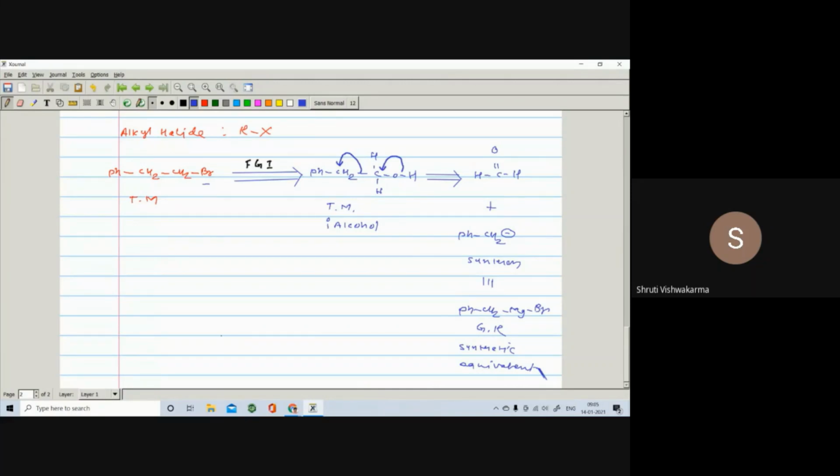Now this is the disconnection of the alkyl halide. Firstly you have to convert it into alcohol, and once converted into alcohol, you know the disconnection of alcohol. Now let us see the net reaction.